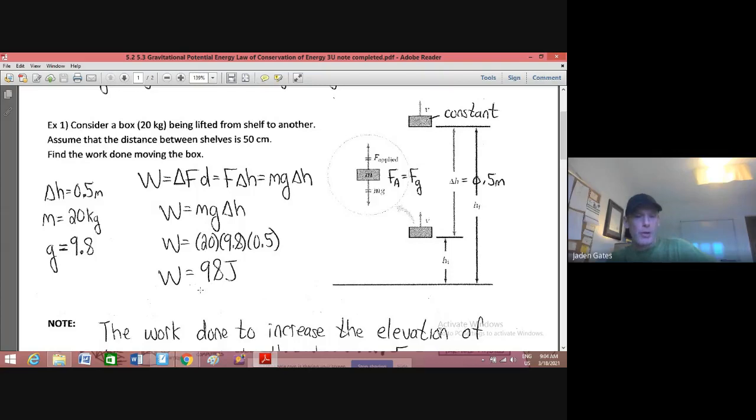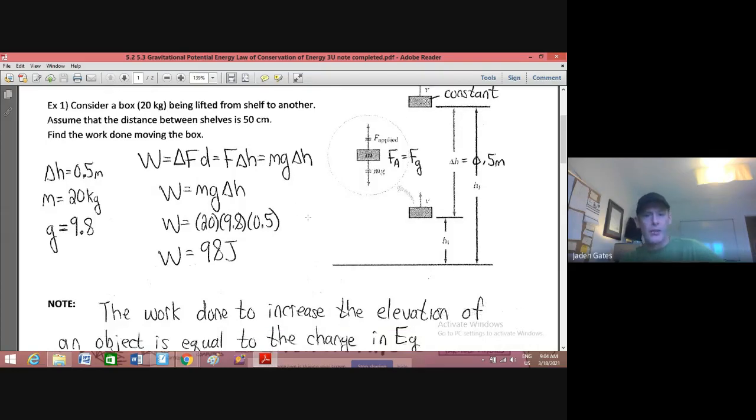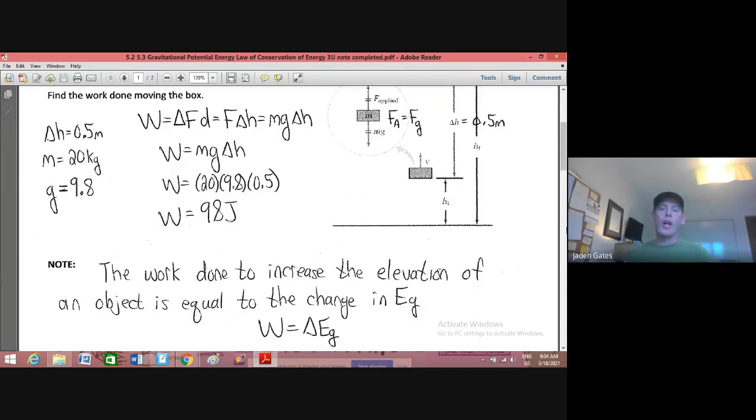Multiplying those three values, I get 98 joules. The point, just like the other day, is that the work done to increase the elevation of an object is equal to its change in gravitational potential energy. The other day, the work created a change in kinetic energy, a change in speed. This time we have a change in height.